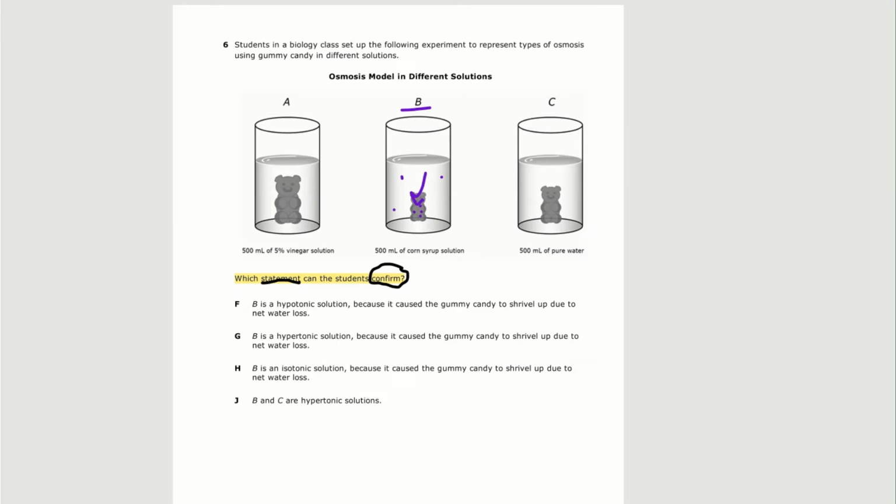It caused the gummy candy to shrivel up due to net water loss. Well, the water did get lost, but hypotonic solution doesn't make sense there. This is probably isotonic. No, I'm sorry. This one is isotonic. Let me erase that.